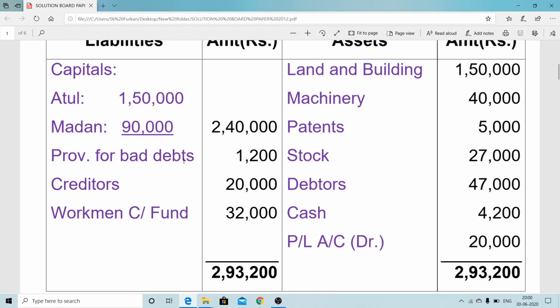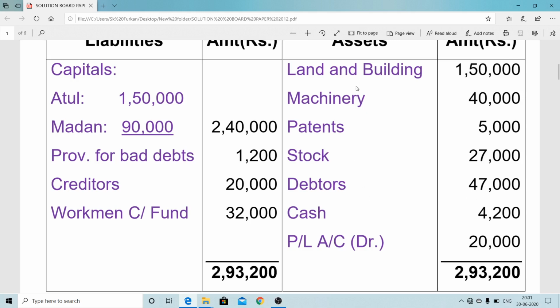If any term we take from liability to asset, the side changes, meaning it will be minus. Similarly, if any term we take from assets to liability, it will also come as minus. Side change means the sign also changes. So that is how it can be shown. This is newly shown in this balance sheet.